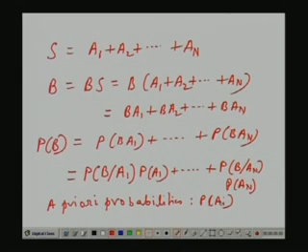We extend this a little bit and we get an important theorem, which is called Bayes theorem.